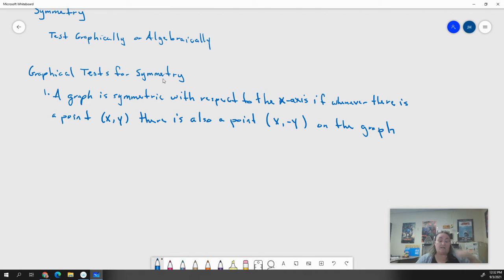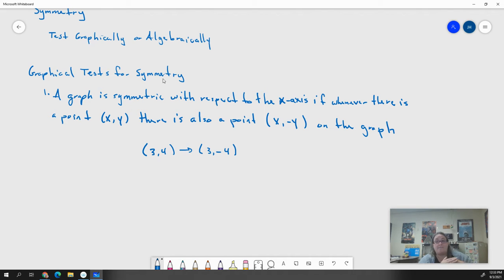So what it's saying is that if I graph an equation and it's got all of this craziness to it, I can pick any point on that graph, right? So say I have the point (3, 4) on the graph. It can't be symmetric with respect to the x-axis, meaning on both sides of the x-axis, on top and on the bottom, unless I also have the point (3, -4).